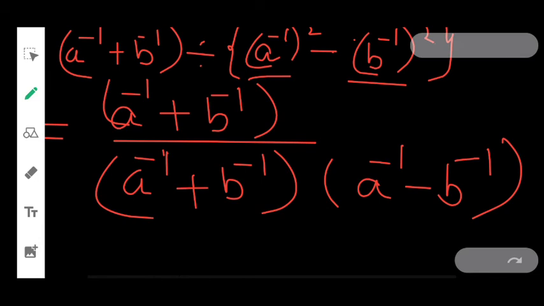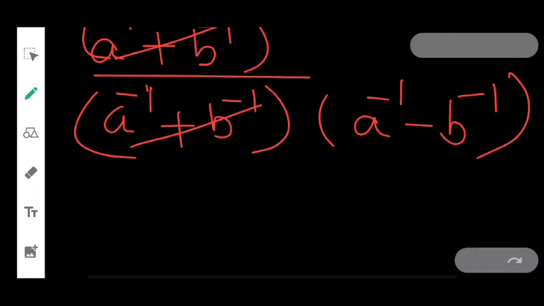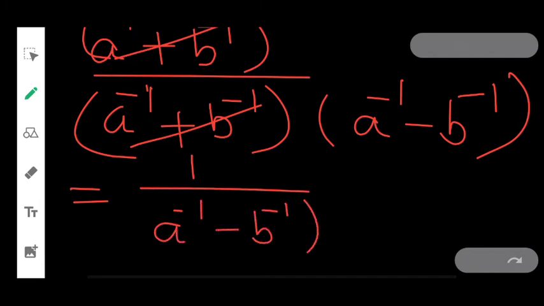Okay, so a to the power minus 1 plus b to the power minus 1 will be cancelled. So remaining is 1 by a to the power minus 1 minus b to the power minus 1.